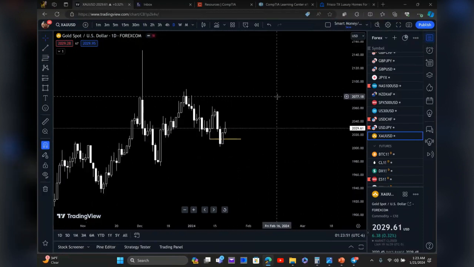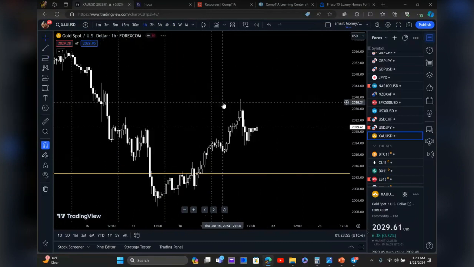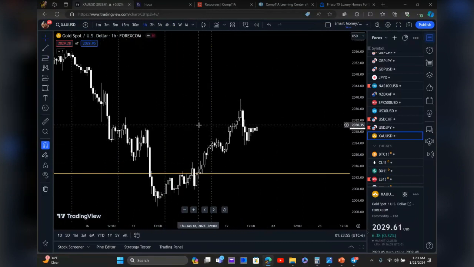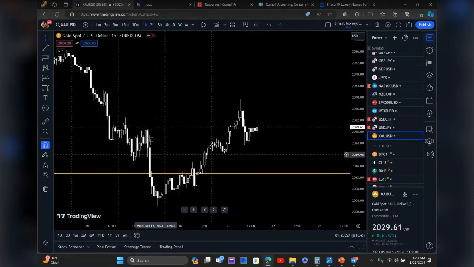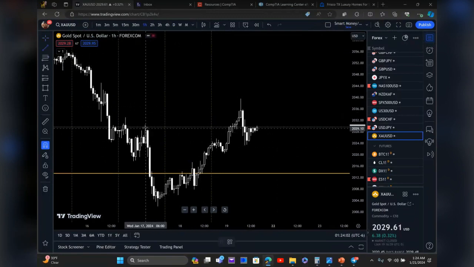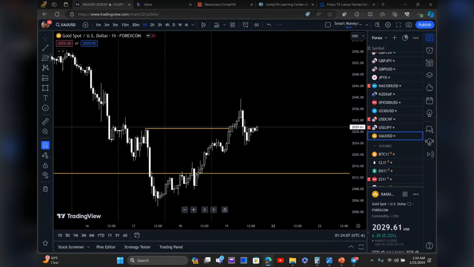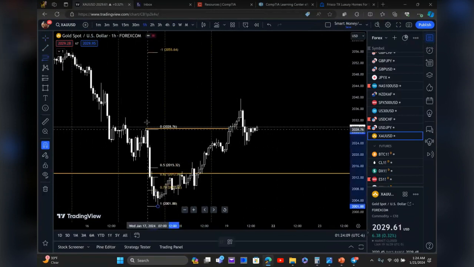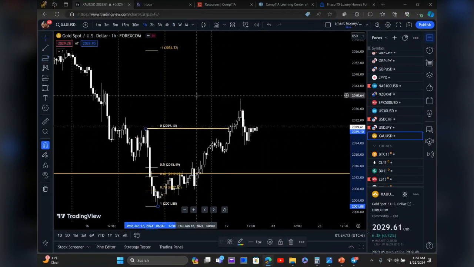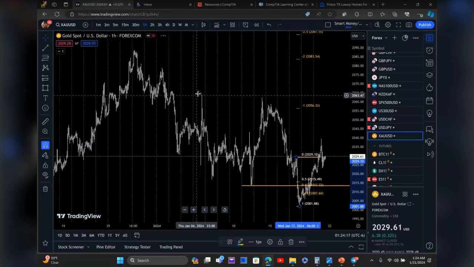All right. But let's see. Let's do some research. So we took that liquidity out. Then we broke this high. We broke structure here. Boom. Right there. So we broke structure. If I put this on from here to here, find our target. -2, -2.5.